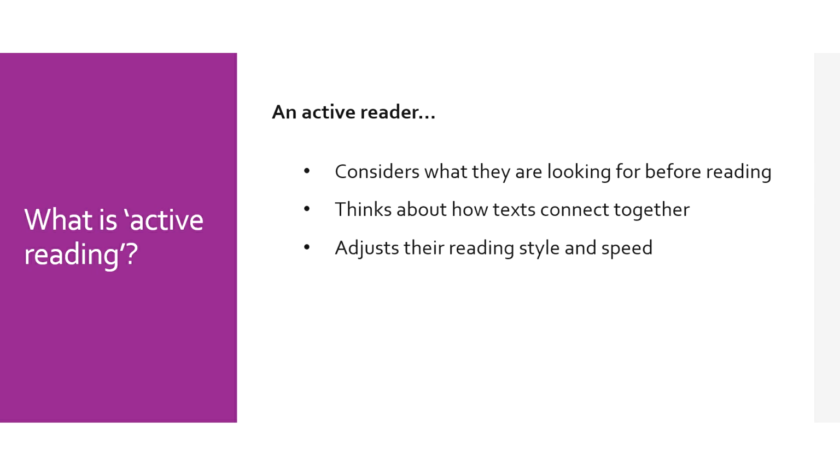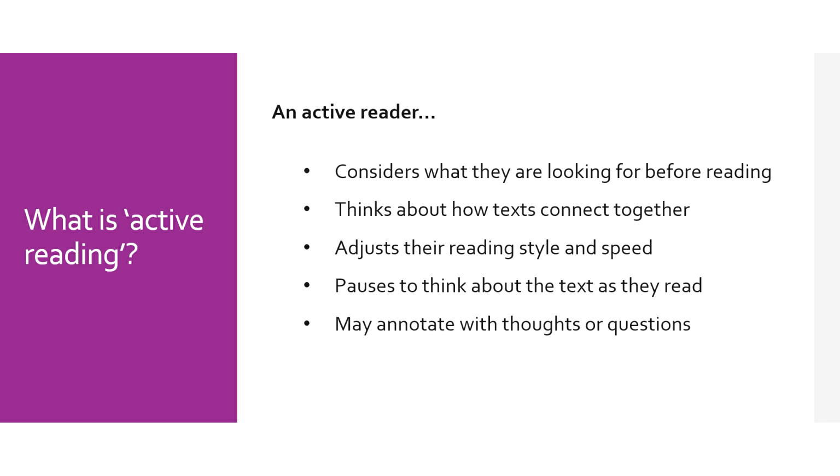They may adjust their reading style and speed depending on the difficulty of the academic reading that they are doing. They may pause to think about the text as they read. Pausing will also allow you to digest any more difficult pieces of information when reading academic texts.